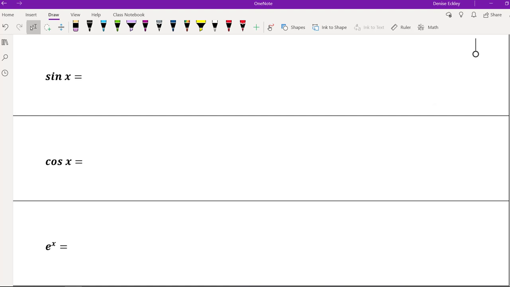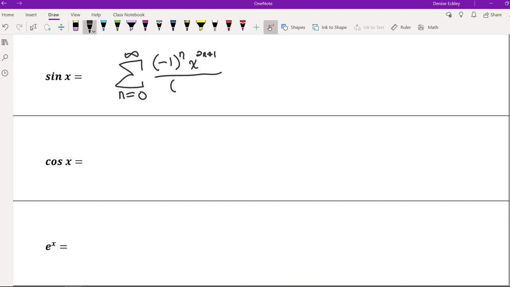So sine of x, and this will get back to what I was saying before about starting our index at 0, is equal to the summation of n equals 0 to infinity of our nth term that we found, which is negative 1 to the n x. Now remember, we want the odd terms, so that'll be 2n plus 1 over 2n plus 1 factorial.